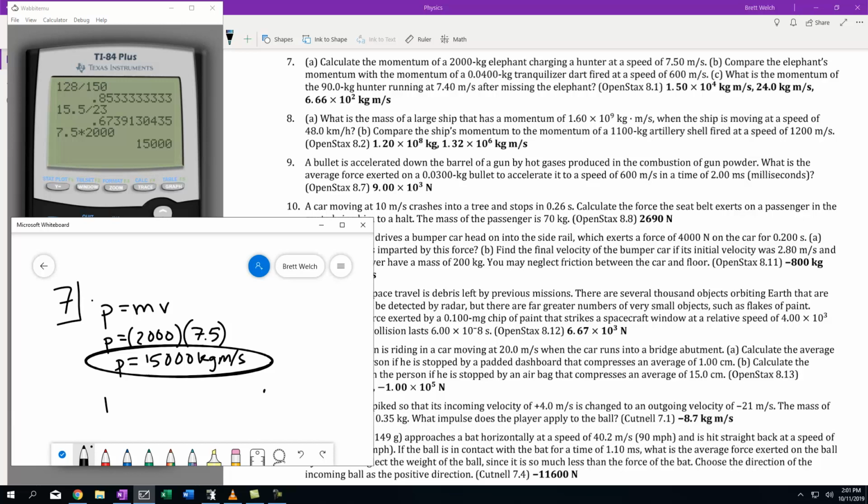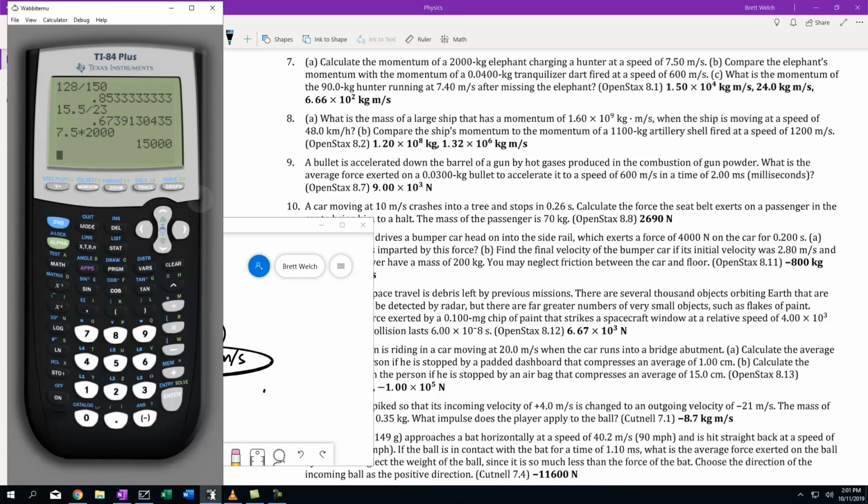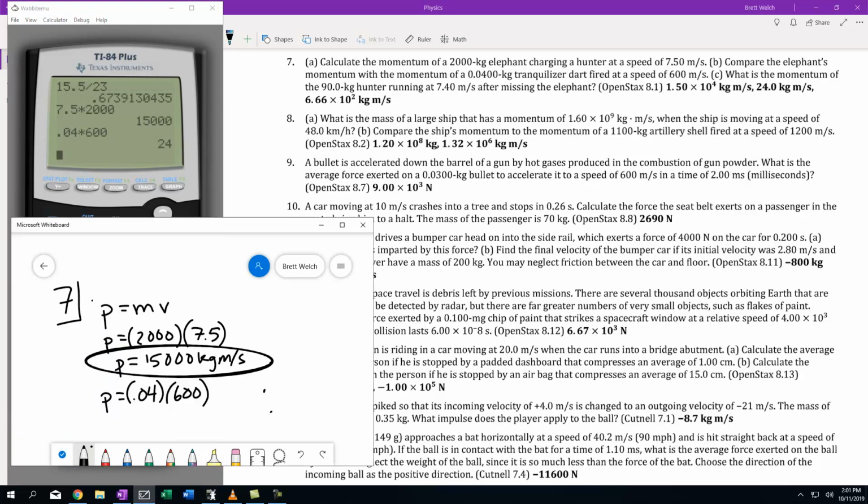So we look at the momentum of the dart. We have a mass of 0.04 kilograms times the speed of 600. If we take that 0.04 times 600, we only get 24 kilograms meters per second.